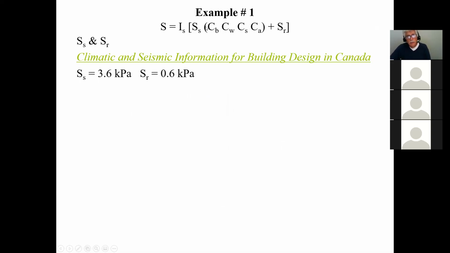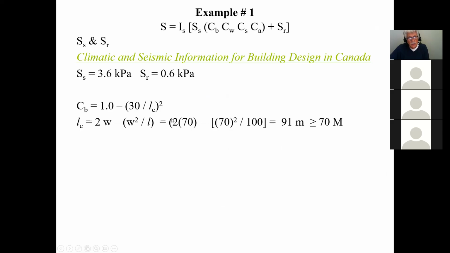Now, CB. Like I said, CB is 0.8, or you have to check to see if it's going to get modified to being greater than 0.8 based on this characteristic length, right? Now, we said that this building measures W is the shorter dimension, and L is the longer dimension.